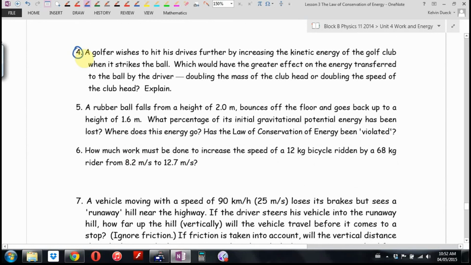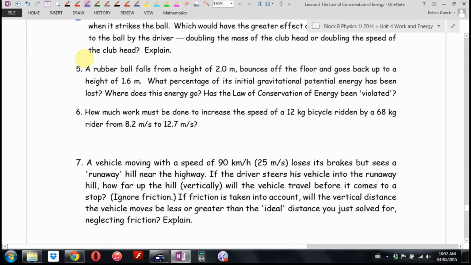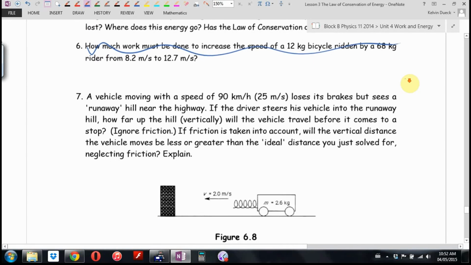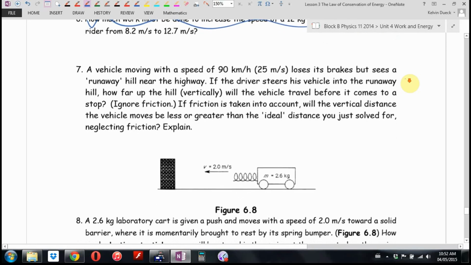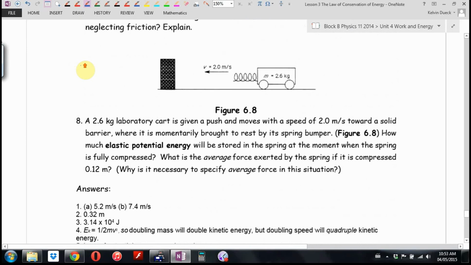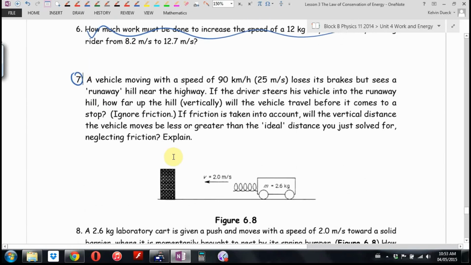Number 4, ask me about that one next class. Need to nuke number 6, sorry, note to self. 7 is good. And we'll pause there.